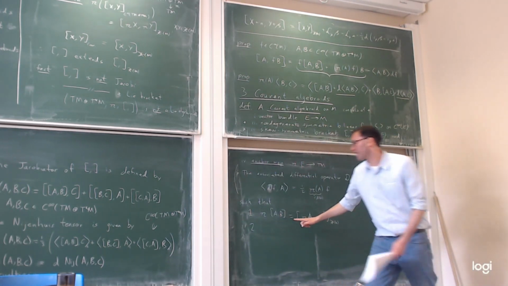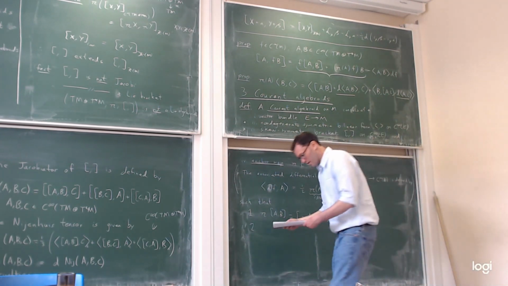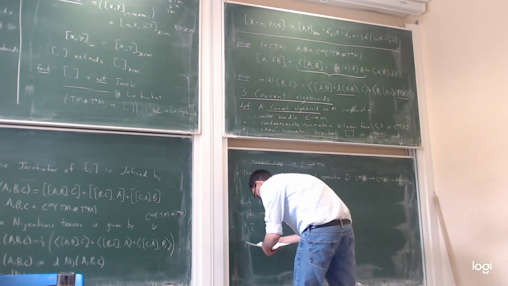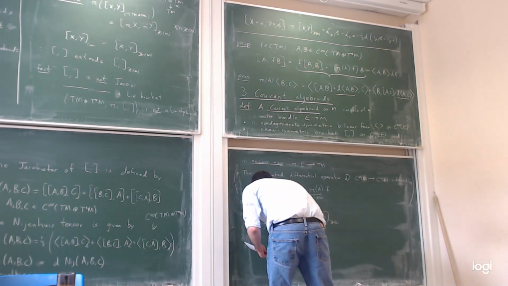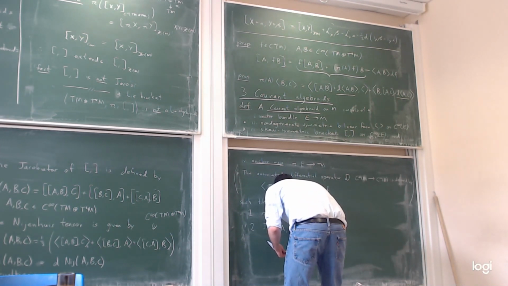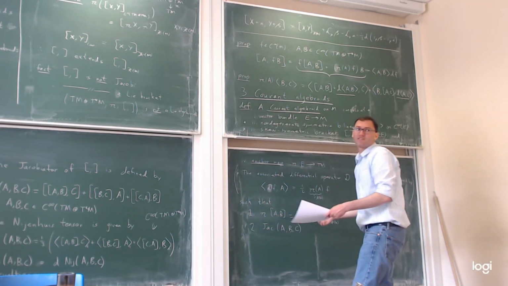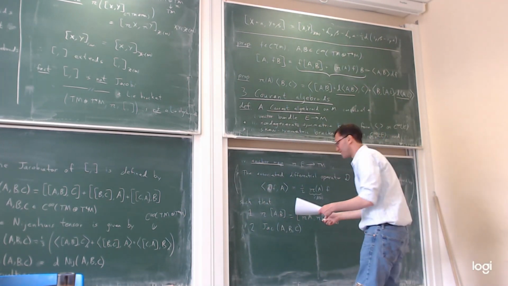So first we have a bracket homomorphism condition. This one sort of makes sense. Then we want the Jacobiator of A, B, C. I'm not going to write where everything lives. All these things live in the same place where they did before.